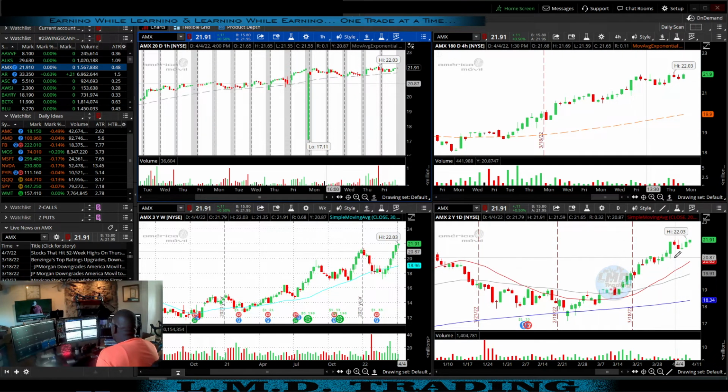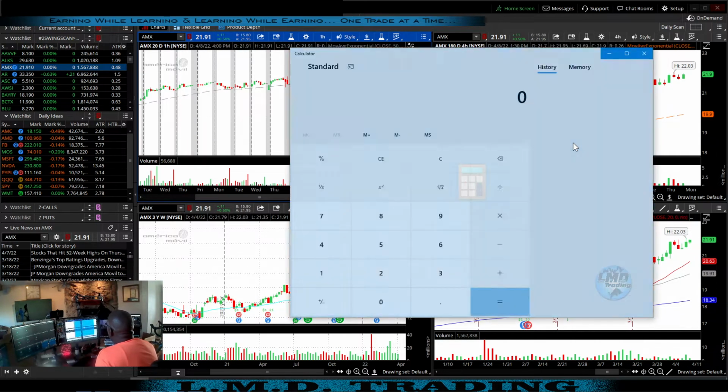And we look at the daily, it's flagging. The daily is flagging. So pretty good, looking pretty good. Let's see what that is, 2130, and there you go. So if you put it at the bottom of this flag, 2130, and you got 2303, you give it 75 cents worth of room.